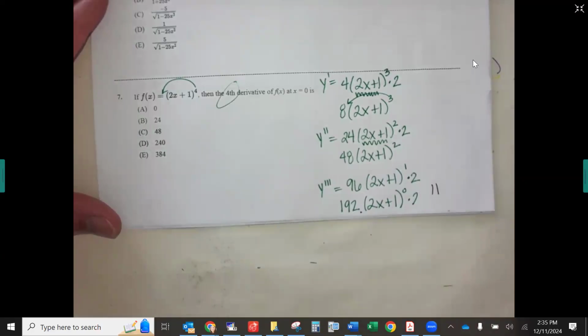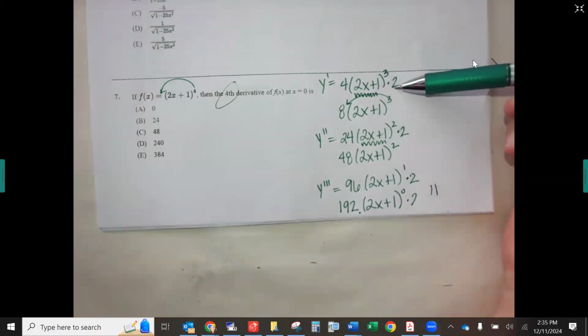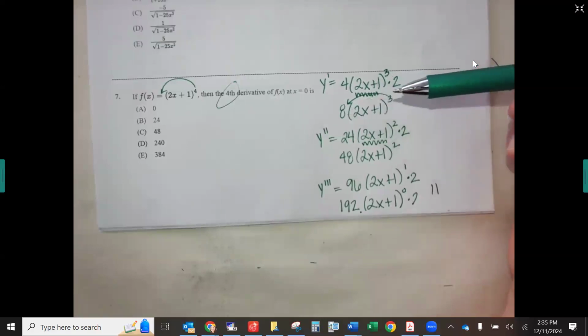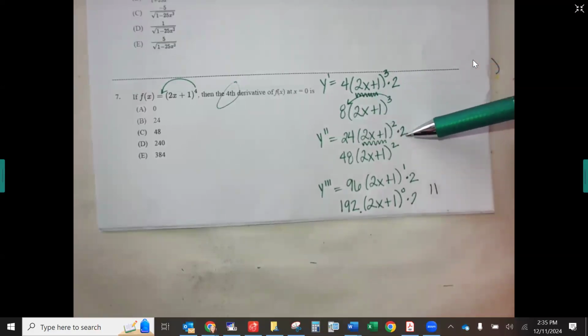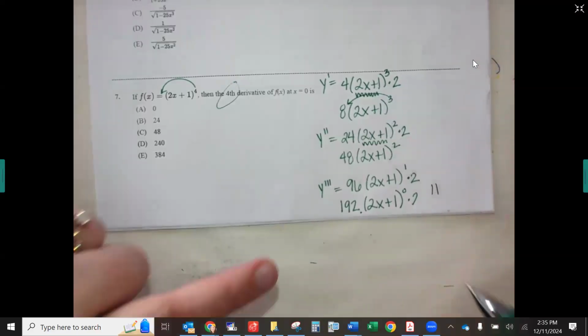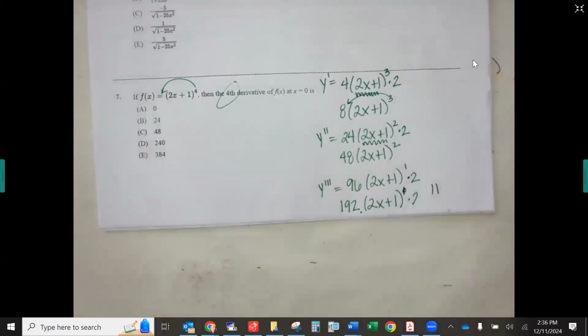So then it should be, hold on. We did that to the 3 times 2 is 8. Then we did that to the 2 times 2 is 48. Then you did that. Oh, I see. Okay, hold on. So that's still a 1. My bad. I got confused myself.